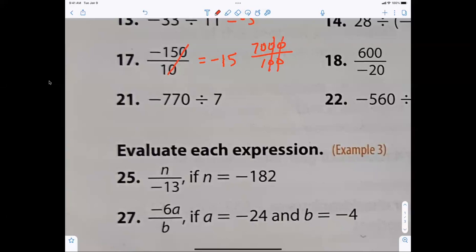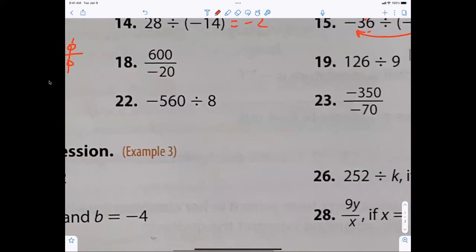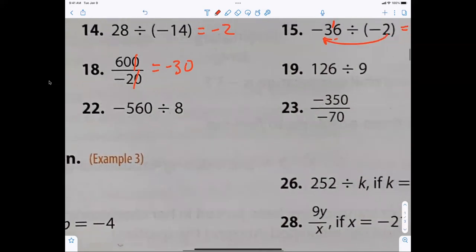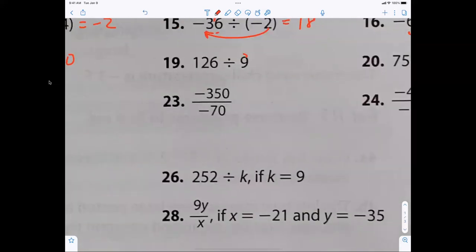Easy, easy. All right, I'm on 18. So, yes, but what am I doing with the zeros? Yes, I'm just practicing, making sure you're good with that. All right, -30. All right, now Finley, you're gonna do the division like I showed you. How many times does 9 go into 12? Yes. How many left over?